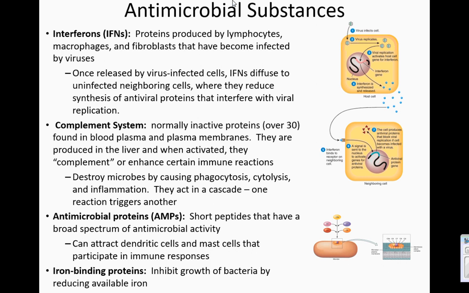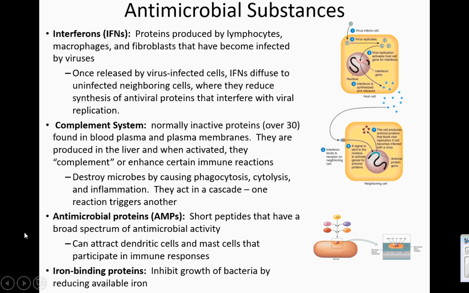Okay. So they work in kind of a cascade of events, and they destroy microbes by causing phagocytosis. They perform cytolysis, which the word cytolysis, cyto means cell, lysis means to break down, so it causes the cell to break down, and they're involved with inflammation. Okay.